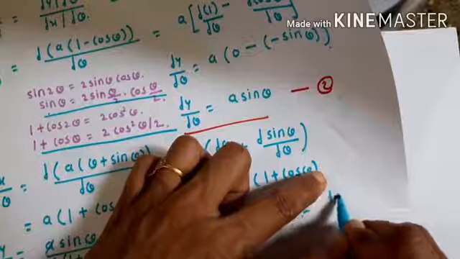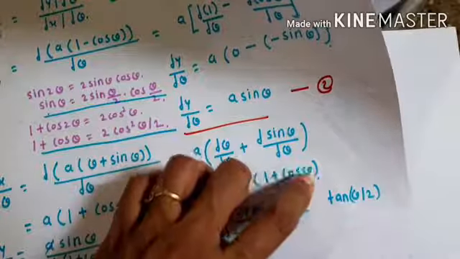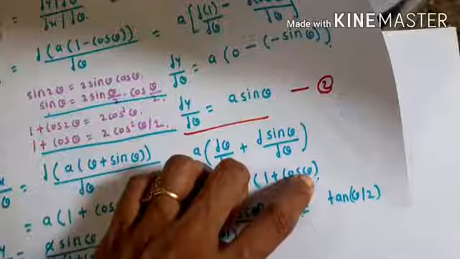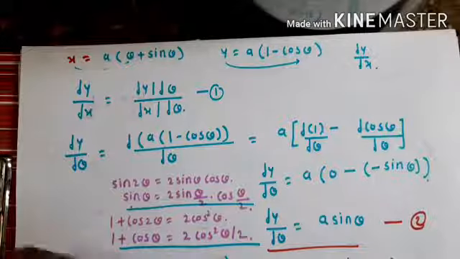This is equal to tan of theta by 2. If we simplify, then this is the answer. Okay students, in this way we have solved these examples. Also we have to solve some more examples. If you have any difficulty, then ask me, and now try to solve these examples.